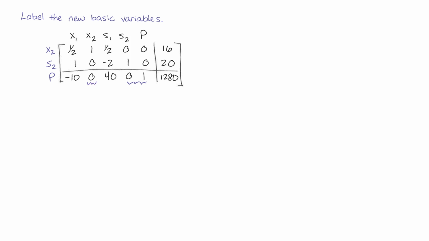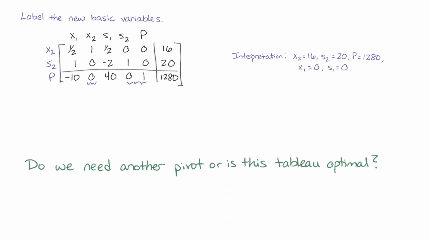So now we have to decide, is this optimal? By our interpretation, x2 is now 16, S2 is still 20, P is 1280, X1 is 0, and S1 is 0. So we want to know if we need another pivot or if we've reached our optimal solution.